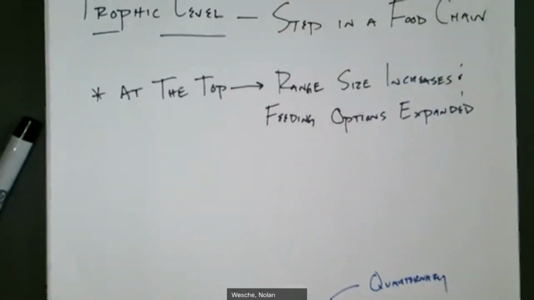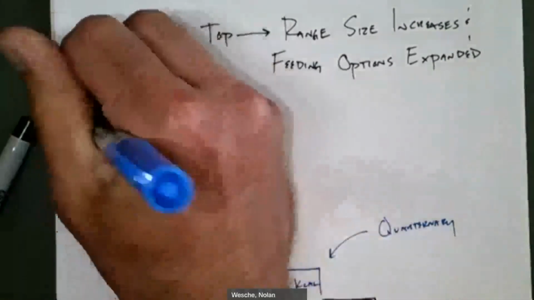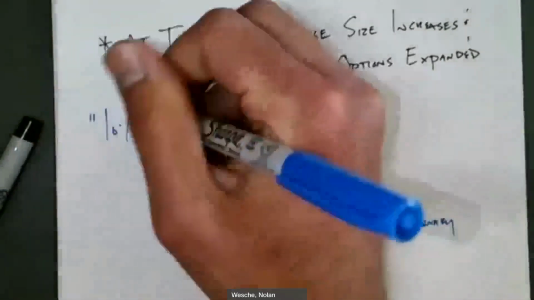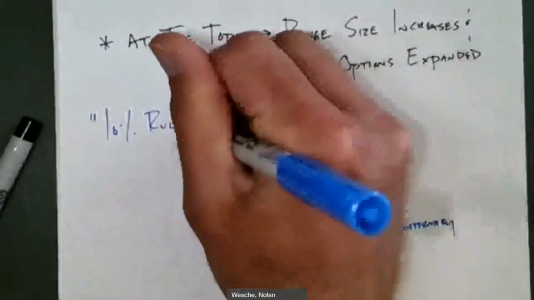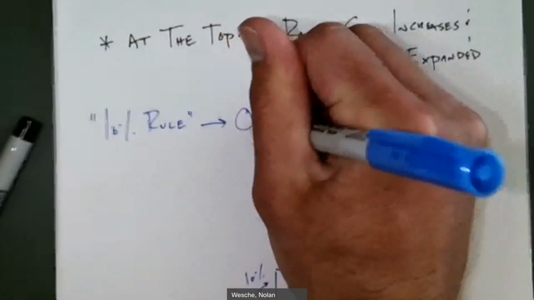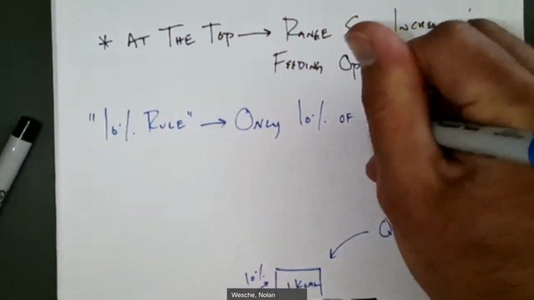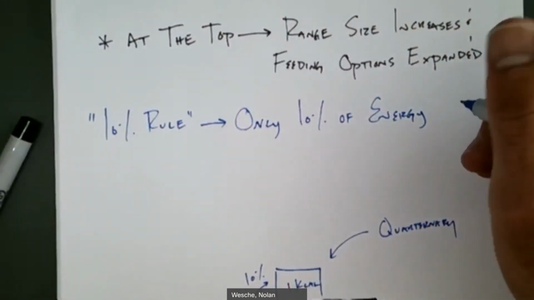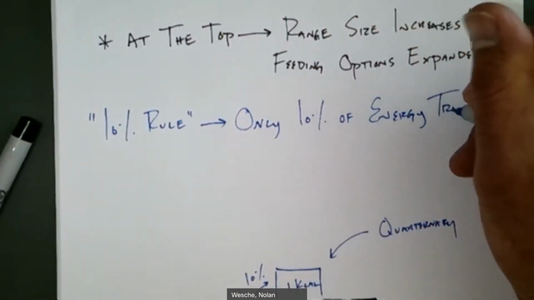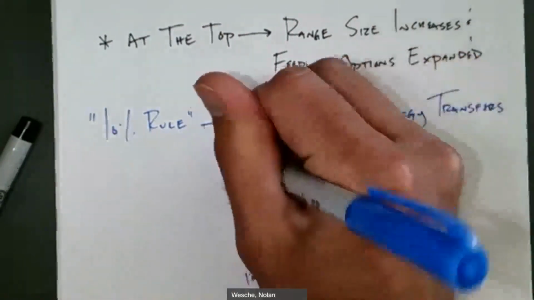Again, the takeaway here is that we have this 10% rule, where only 10% of energy transfers between your trophic levels.